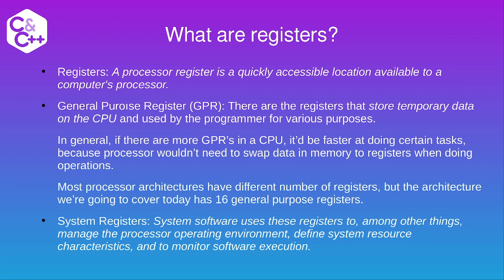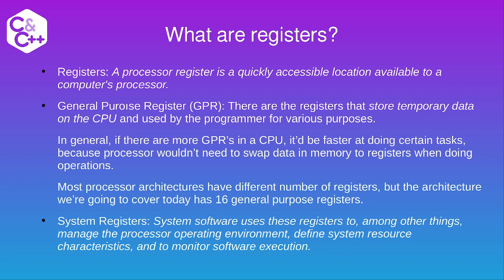These are the registers that store temporary data on the CPU and are used by the programmer for various purposes. When you want to do operations on something that is not in memory, as I said before, you will do it on GPRs. Except for floating point, but we'll get to that later.